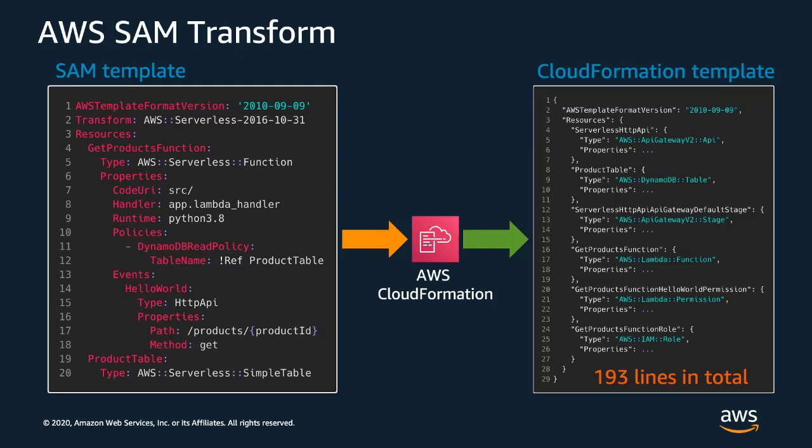I've cut a lot of these out so we can fit it, but you can see that the two resources we have on the left, which are the function and the product table, become multiple resources on the right: API gateways, roles, the table, permissions, different things like that. So both CloudFormation resources and SAM resources can be used in SAM.